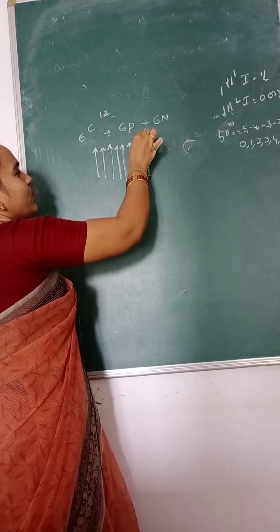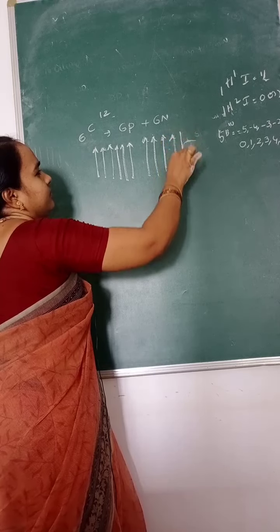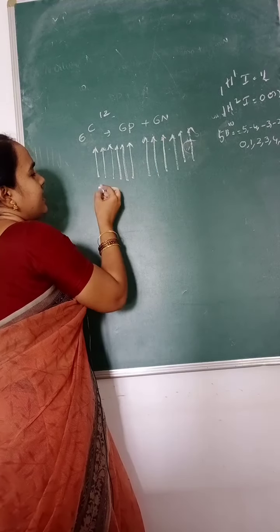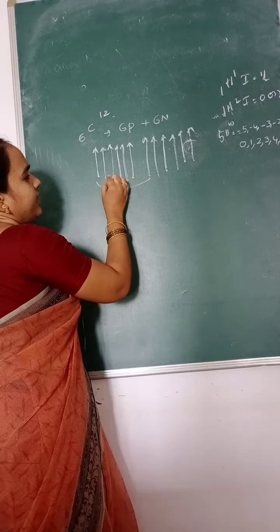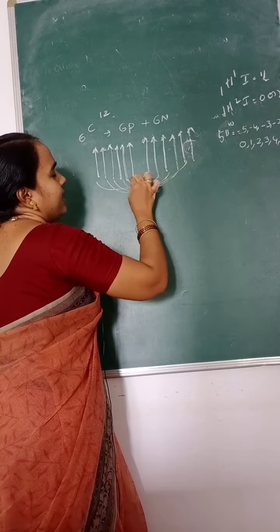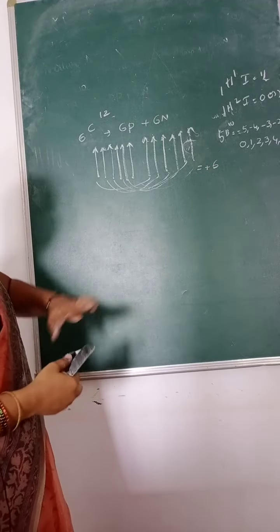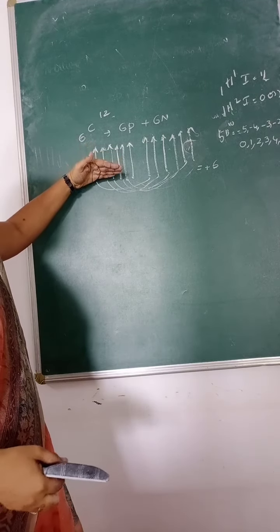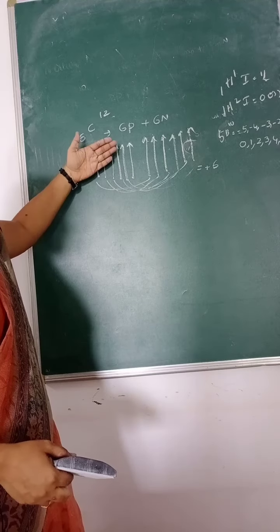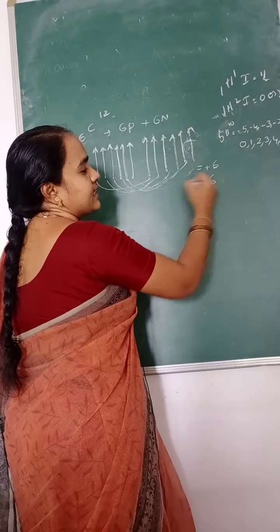If all the neutrons are oriented in the upward direction, then the resultant spin is 1, 2, 3, 4, 5 and 6, plus 6 if all are oriented in the upward direction. If we assume the same orientation in the downward direction, then the resultant spin is minus 6.